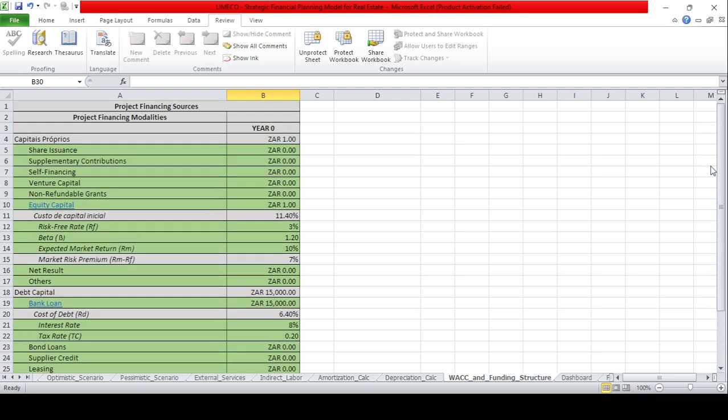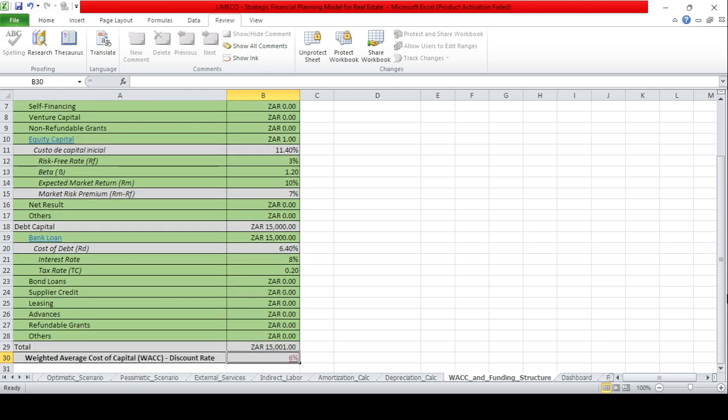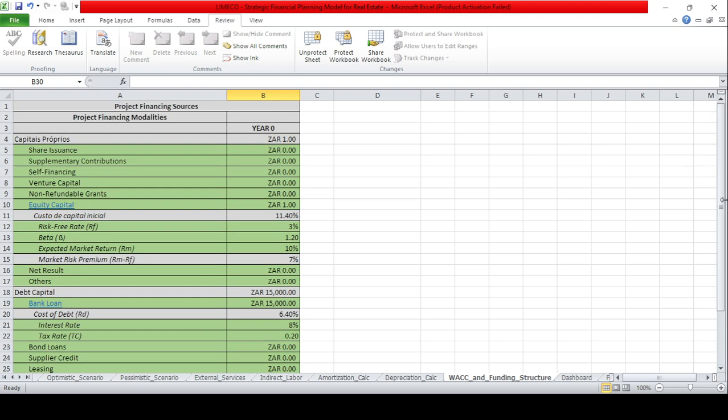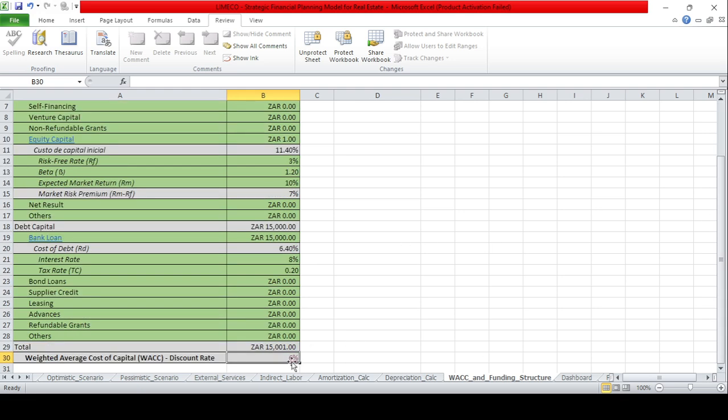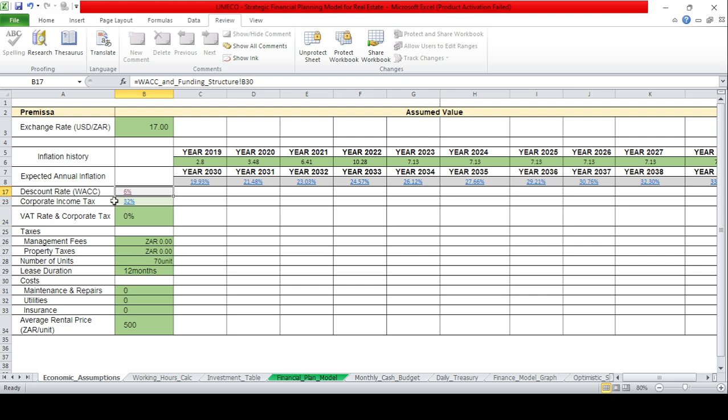It is calculated in the project financing sources before we define the total of investment. And I have the corporate income tax. All this goes to the financial planning.